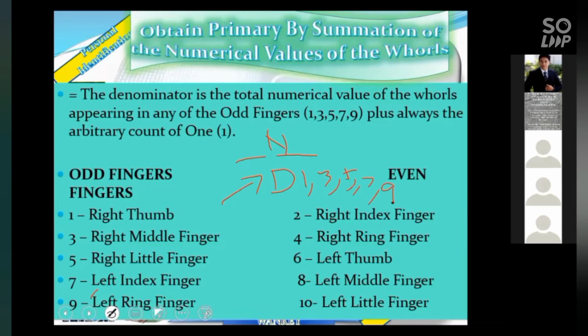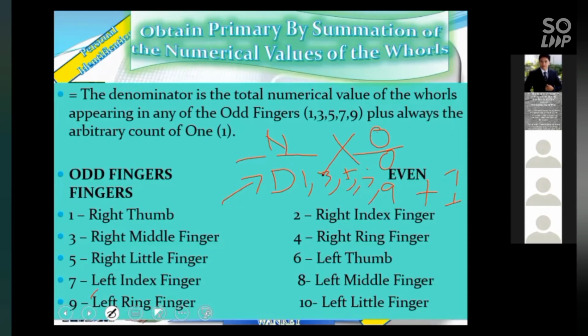Plus always add the arbitrary count of 1. Bakit may arbitrary count of 1? Because there is no primary classification as 0 over 0. This is wrong. There is no primary classification appearing 0 out of 0.